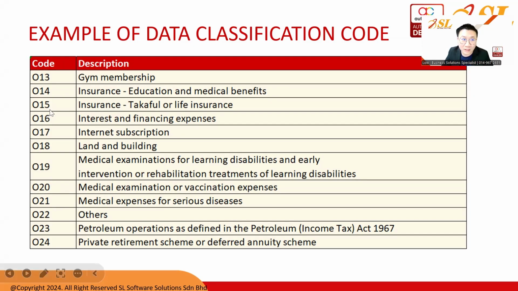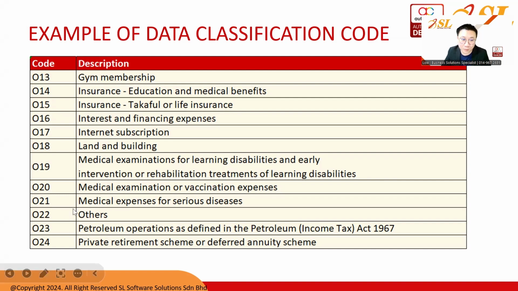Okay, 022. Another example, insurance. You see insurance here, 015, Takaful or life insurance. This one is tax relief. Last time we paid the insurance company 3,000 every year, so we didn't know out of this 3,000 how many is for life insurance that can be deducted for tax relief, and how many is not allowed to be deducted. For here, it is easy, since the system already categorizes it for us.